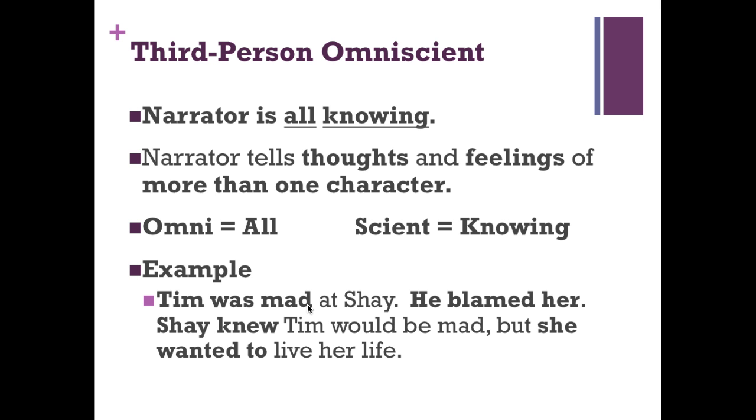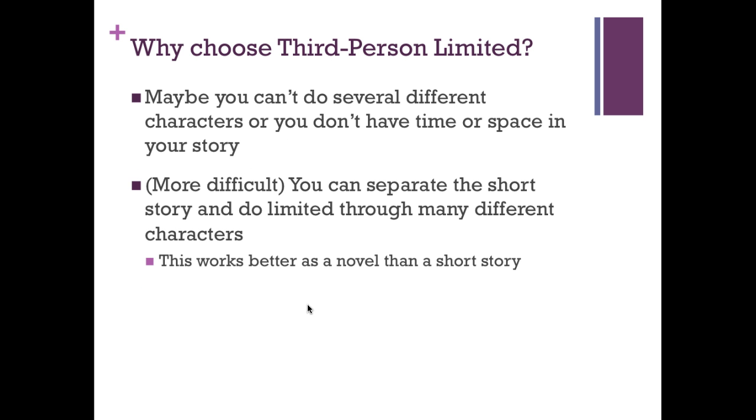And someone pointed out, well, how does your narrator know that? And it's like, oh, good point. So it is harder to do, but it could be better for a short story because you're limited in how many different characters you have. And like I said, it also works better as a novel than a short story too.